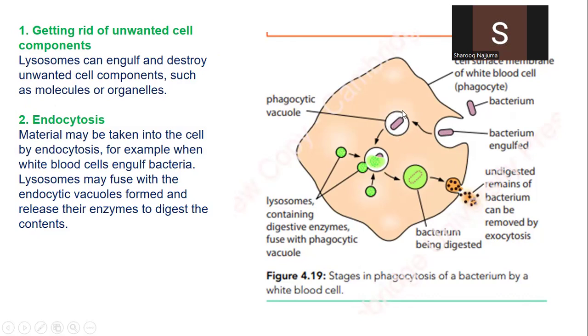And once the bacteria has been enclosed in a vacuole, lysosomes come fuse with that vacuole and release digestive enzymes, which break down the bacterium. So lysosomes are used in endocytosis, for example, by the white blood cells as they destroy pathogens.